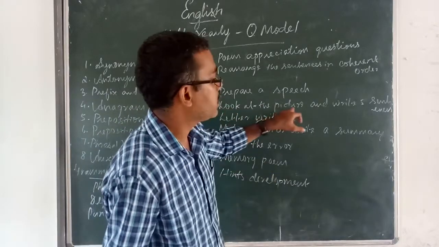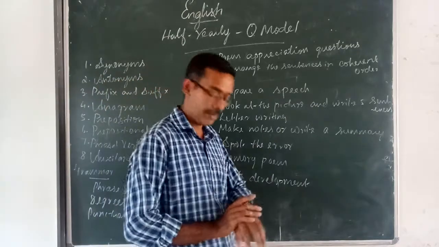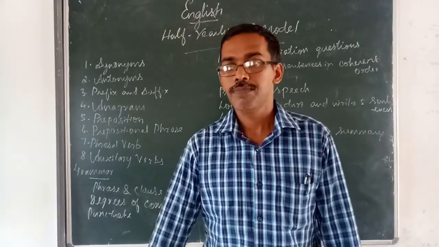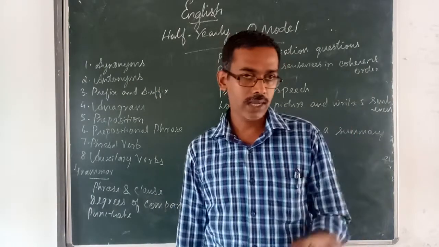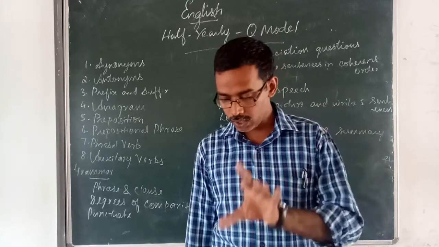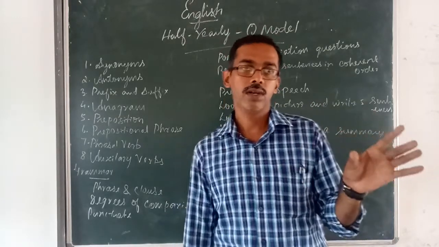Next one, look at the picture and write 5 sentences. A picture will be given in your question, and you have to look at it carefully and write 5 detailed sentences about what you have seen.